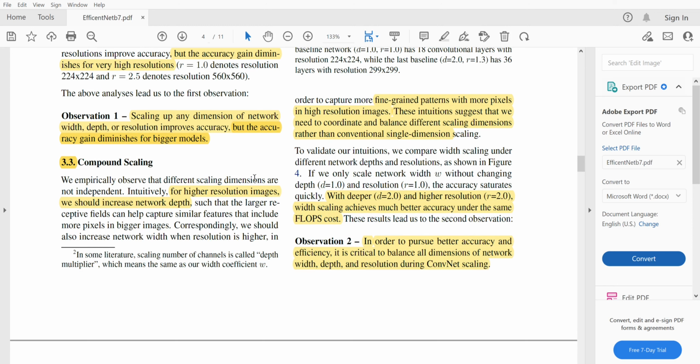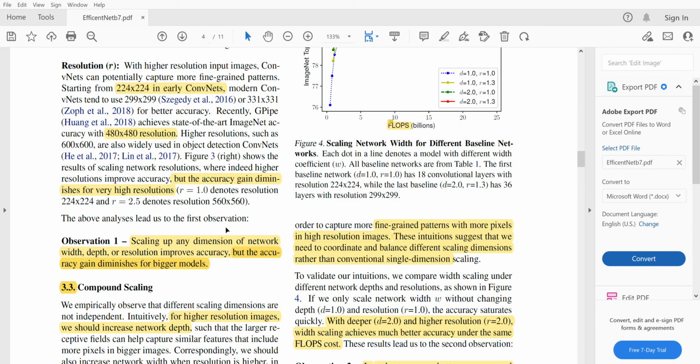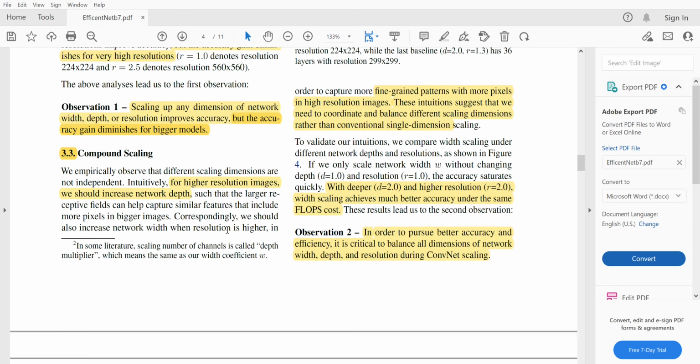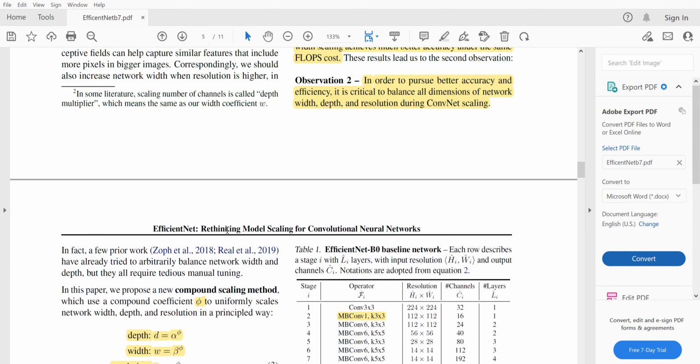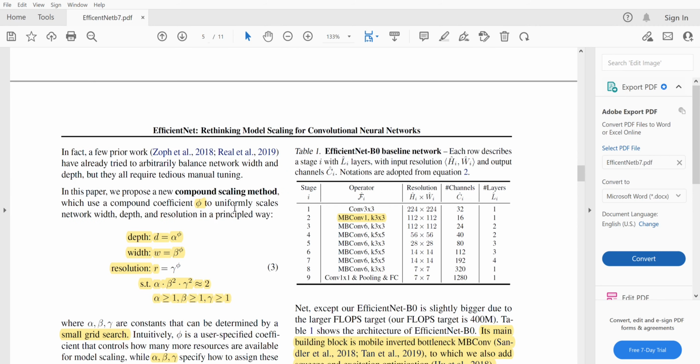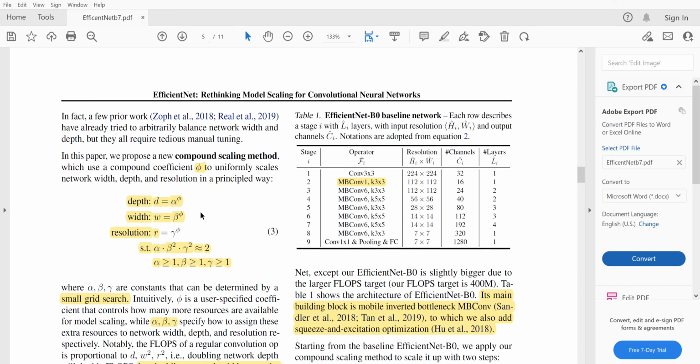We empirically observe that different scaling dimensions are not independent. Intuitively, for high resolution images, we should increase network depth such that the larger receptive field can help capture similar features that include more pixels. In fact, this paper proposes a new compound scaling method which uses a compound coefficient phi.